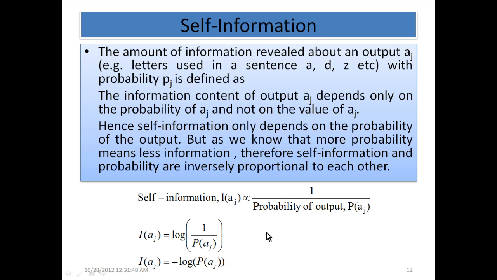Self-information, denoted by I(AJ), is inversely proportional to the probability of output P(AJ), and I(AJ) is equal to log of 1 over P(AJ). So we have taken log of the probability to calculate self-information, and I(AJ) is equal to minus log P(AJ).